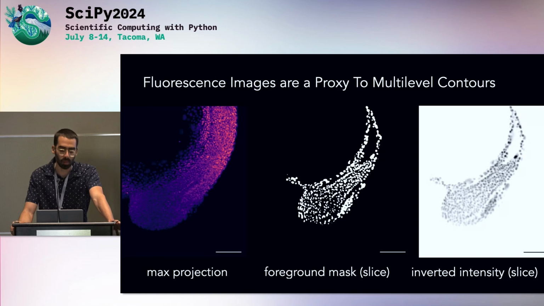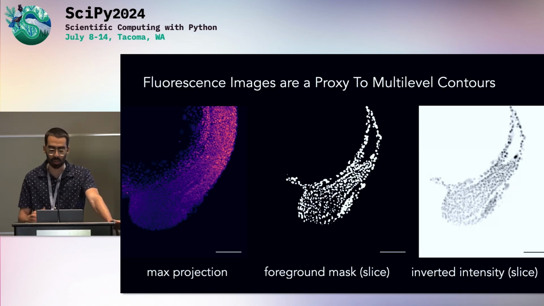But the inputs that it supports go way beyond that. So we have 3D images of the tail bud of the zebrafish here. And just using differences of Gaussians, we can estimate the foreground. And we can have something that is a proxy to the cell contours by just inverting the image intensities, because the boundary of the nuclei will have lower intensity.